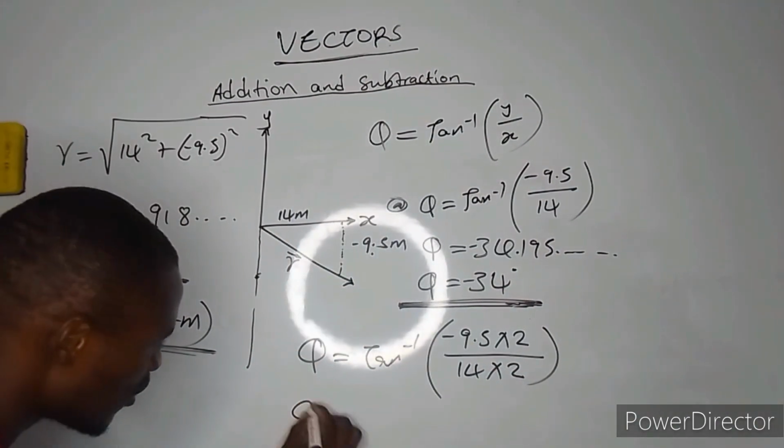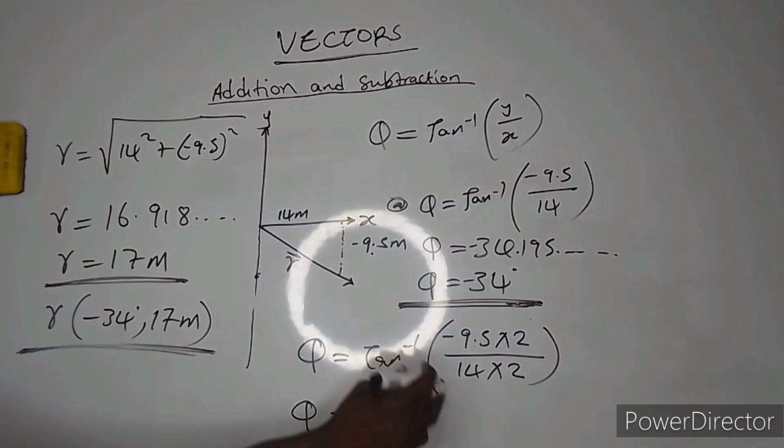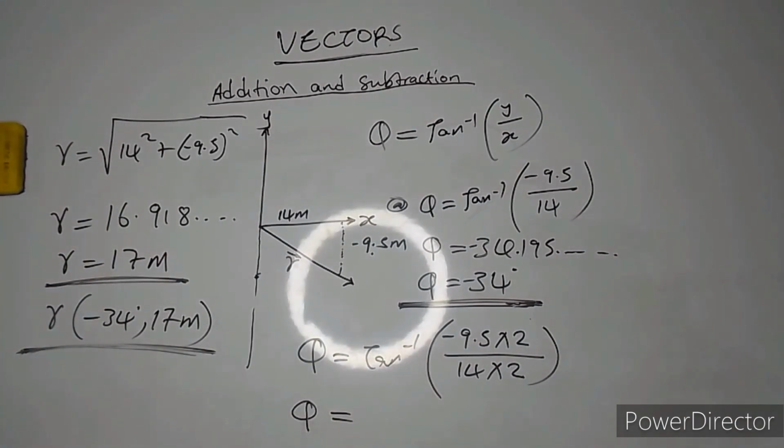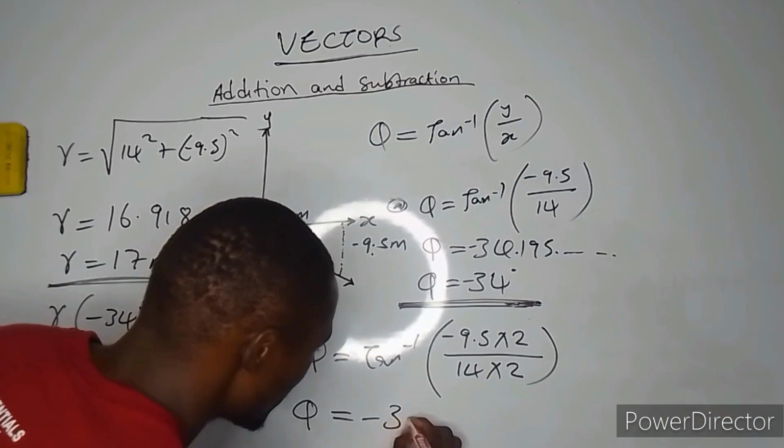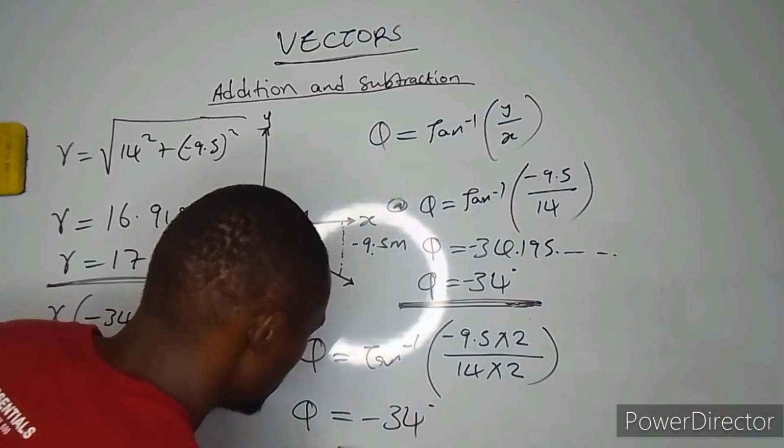Okay, now do the calculations. What are we getting? Okay, so we can see that the answer will remain as negative 34 degrees.